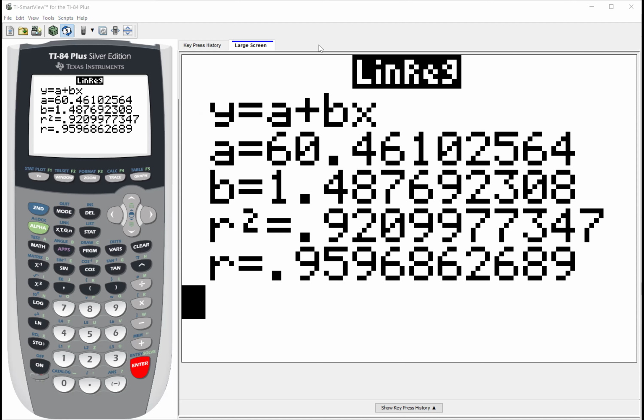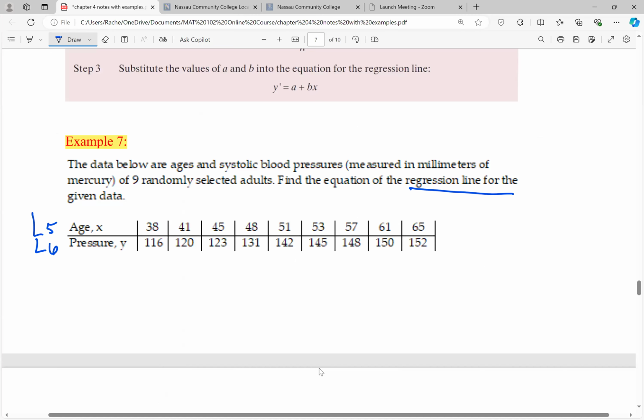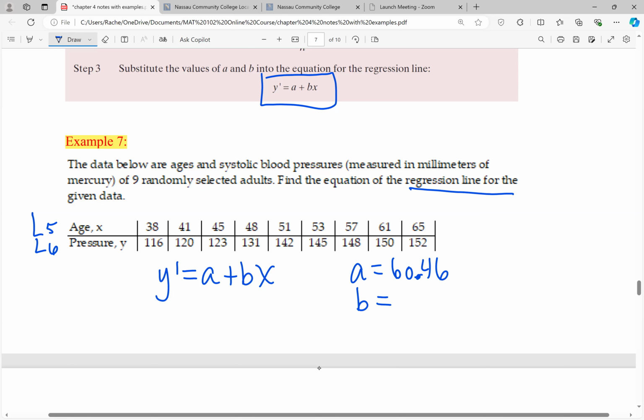So now I can write my regression equation. Remember, my regression equation is in the form y prime, I'll talk about the prime in a little bit, is equal to A plus BX. So let's write it down: y prime is equal to A plus BX. We said A was equal to 60.46, and B was equal to 1.49.